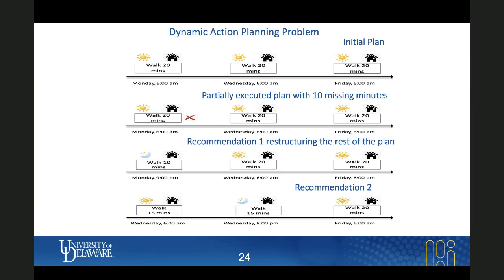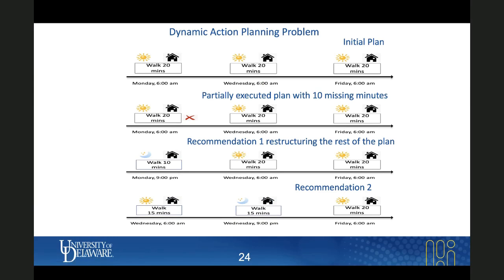One recommendation for restructuring the action plan would be to reschedule those 10 minutes to Monday at 9 p.m. and keep the rest of the actions the same. The second recommendation could be splitting up the 20-minute goal on Wednesday into 15 and 15 minutes, adding this 10 minutes to make it 30, and splitting it into 15 minutes on Wednesday morning and night.